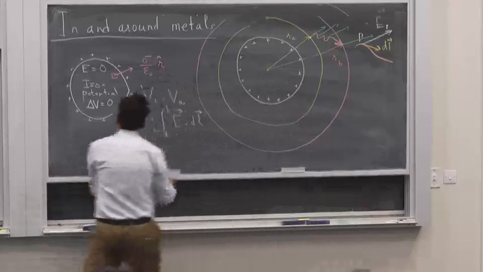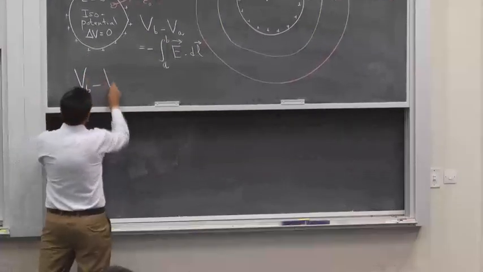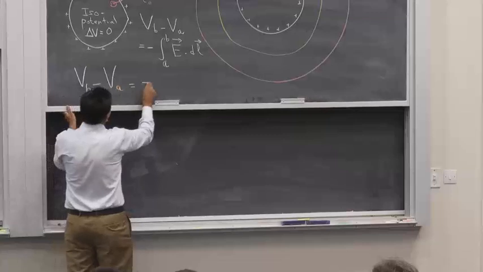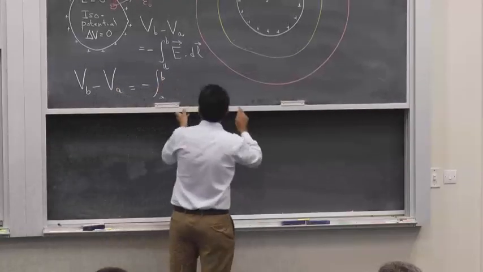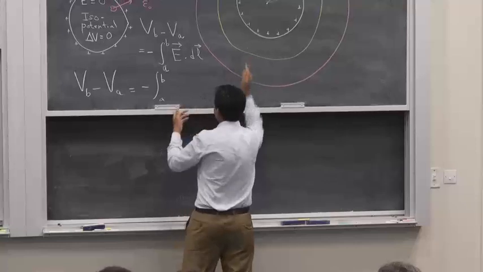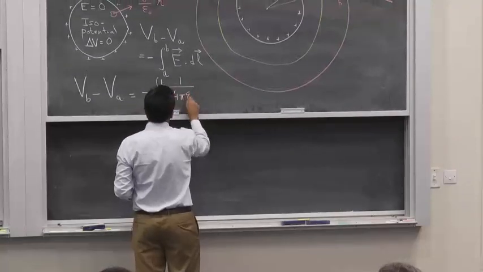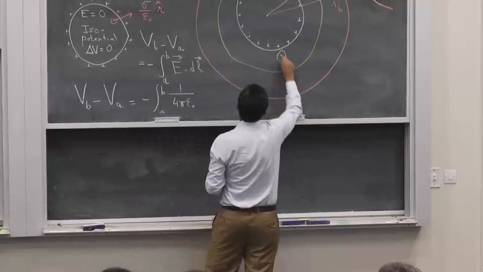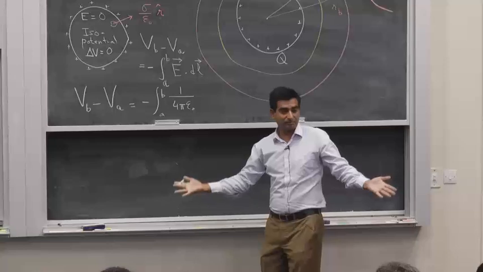Hence, VB minus VA equals minus the integral from A to B. Now I need to find the electric field, which is given by 1 over 4 pi epsilon naught times Q, suppose the total charge is Q. Now this electric field comes from Gauss's law.